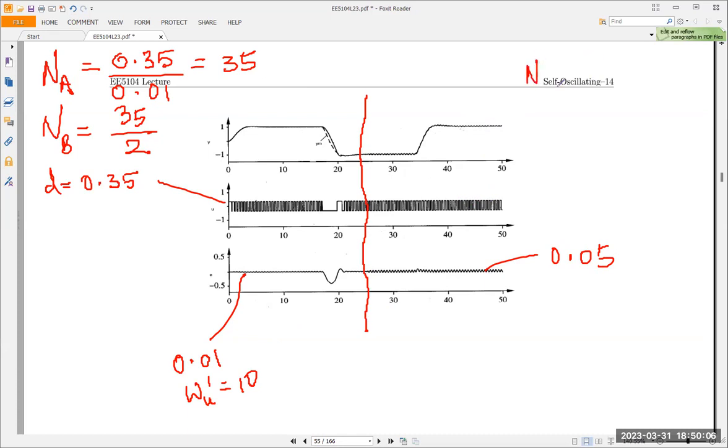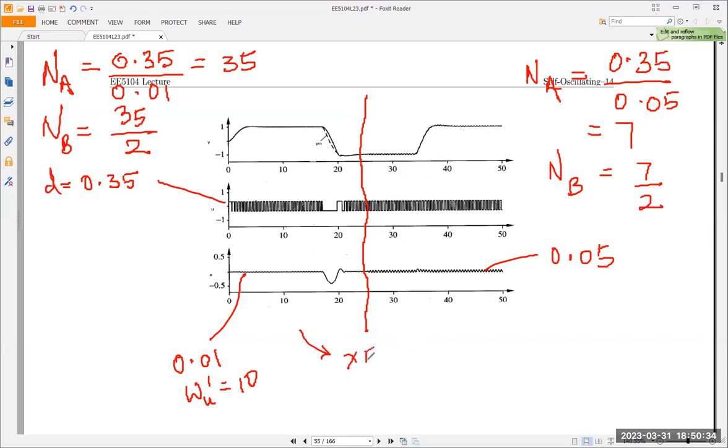The AC gain is 0.35 over 0.05, that is 7. And the DC gain will always be half, 7 over 2. Just like the plant changes from here, times 5, to here.